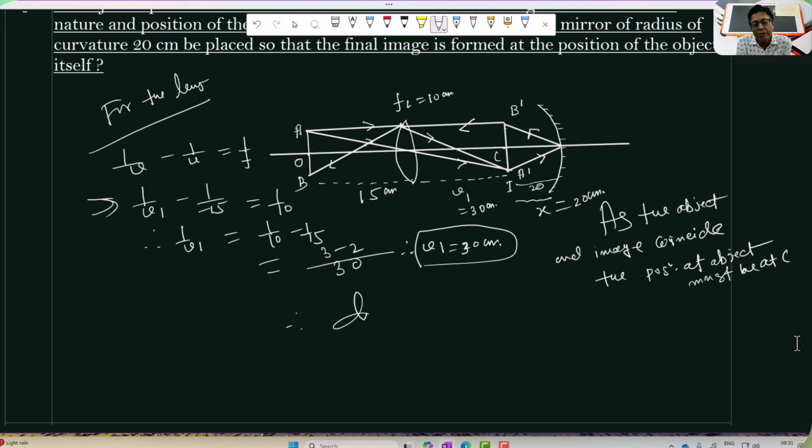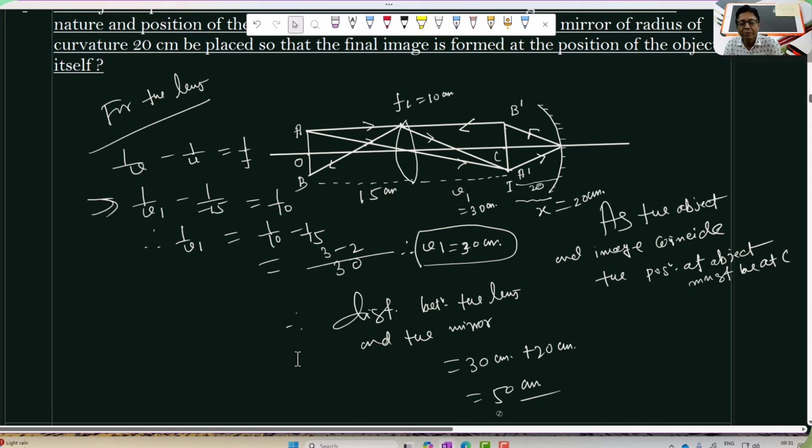Therefore, the distance between the lens and the mirror will be 30 centimeter plus 20, that is 50 centimeter. Clear? Hope you have understood.